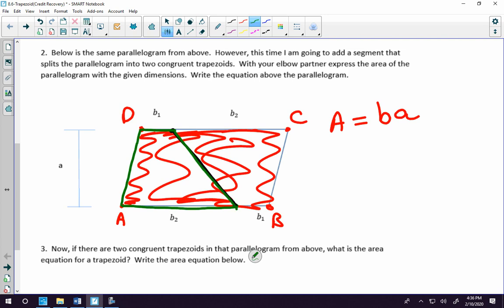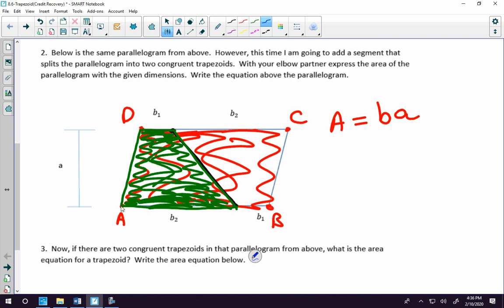We're calling that a trapezoid, a quadrilateral that has one pair of opposite sides that are parallel, okay? So we now have a trapezoid, a green trapezoid, inside of this one parallelogram.